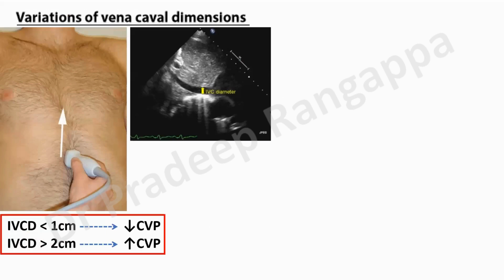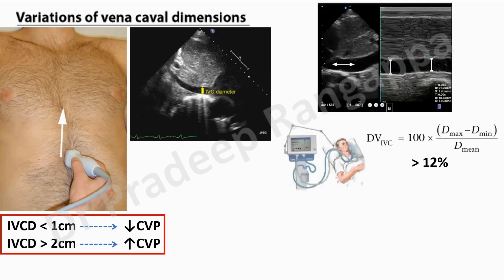The tool we had until now to ascertain that somebody is euvolemic was looking at the IVC, because we knew earlier that IVC less than 1 centimeter pretty much corroborated with low CVP, and if IVC was more than 2 centimeters, we knew that CVP was high. This was the measure that we were using. Of course, we were using other tests like the IVC variability index, which is maximum IVC diameter minus minimum divided by mean.